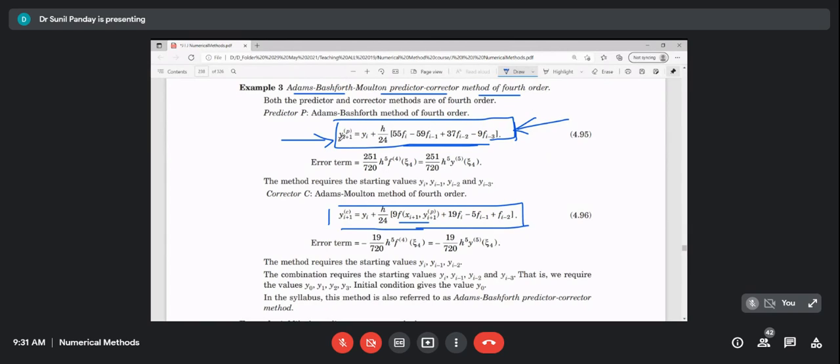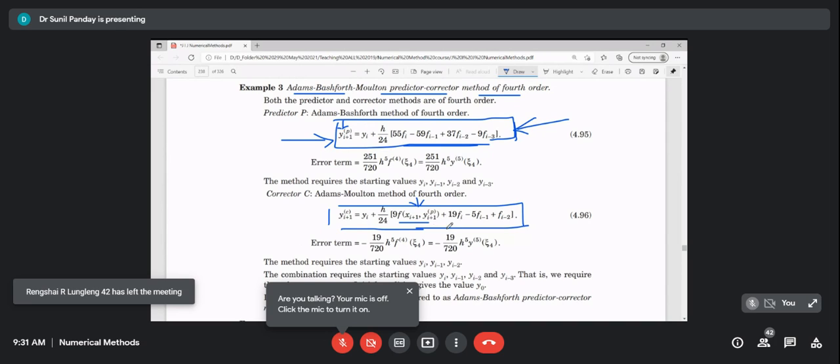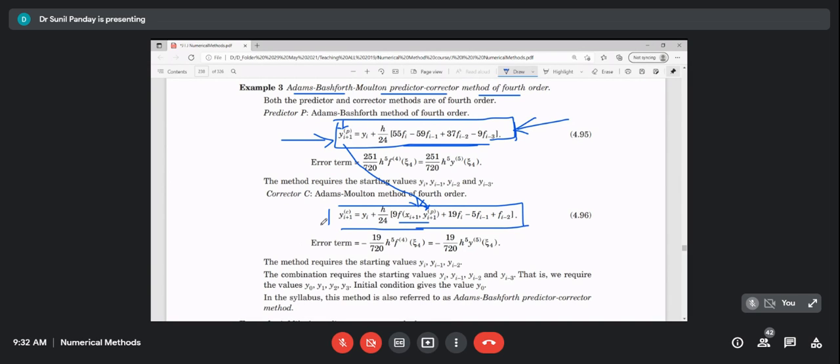Whatever value of y at xi plus 1 we get, we say it is a predicted value, and now we are correcting this predicted value by using the Adams-Moulton method. In the Adams-Moulton method, we require the function value at xi plus 1 and yi plus 1. So the yi plus 1 value we take from the predictor, and then we get the corrector value.